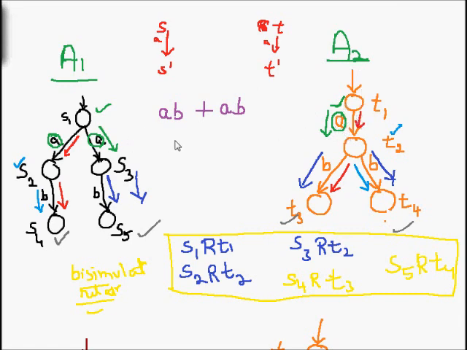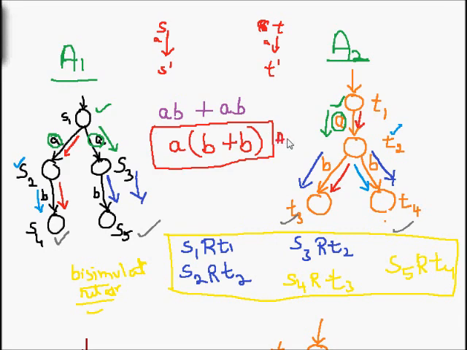Action A followed by B or B, B or B. This is the behavior exhibited by A2 and this is the behavior exhibited by A1.